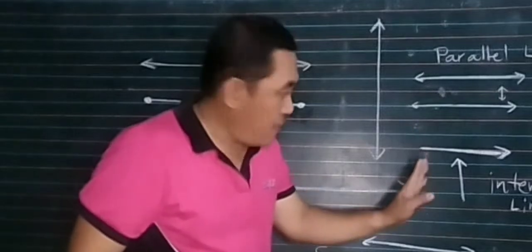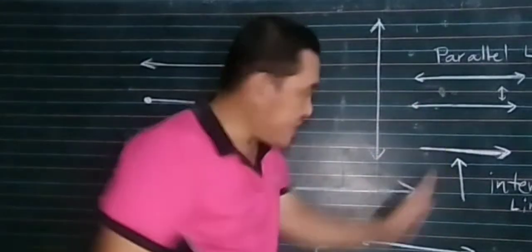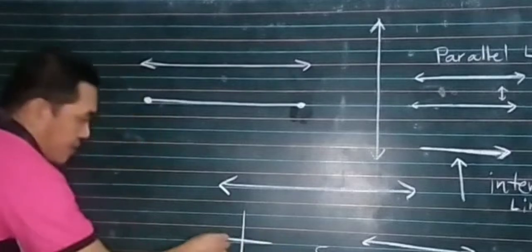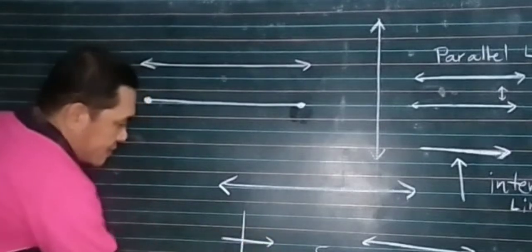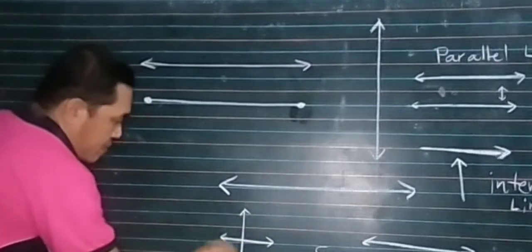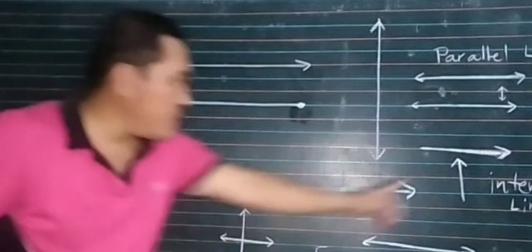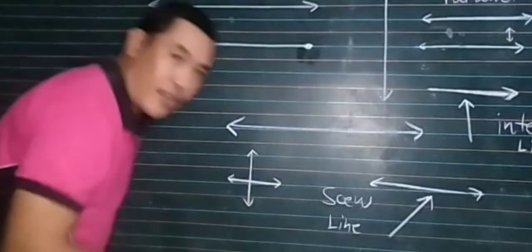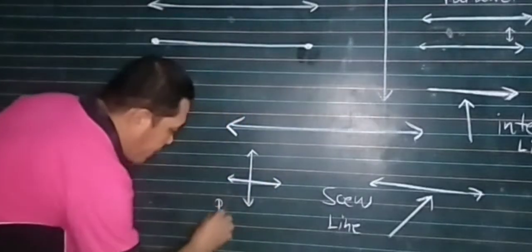They will form right angles like this. This kind of intersecting lines that form right angles are called perpendicular lines. So, perpendicular line.